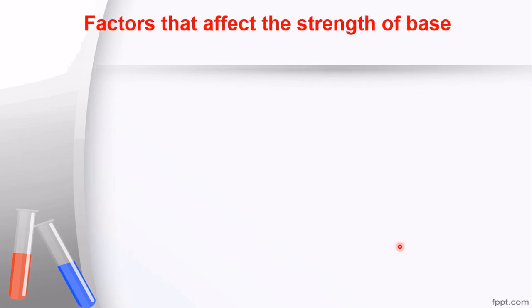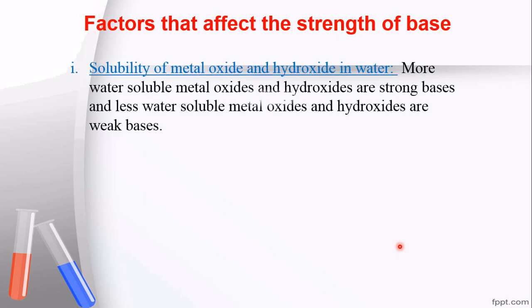Now, the strength of base. The strength of a base also depends on some factors, that is, the solubility of metal oxide and hydroxide in water. You know, metal oxides or hydroxides are bases, and if these metal oxides and hydroxides are soluble in water, or their dissolving capacity is more in water, then these metallic oxides or hydroxides are strong bases.